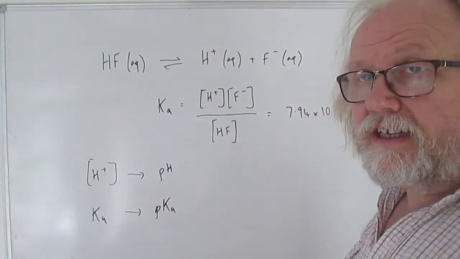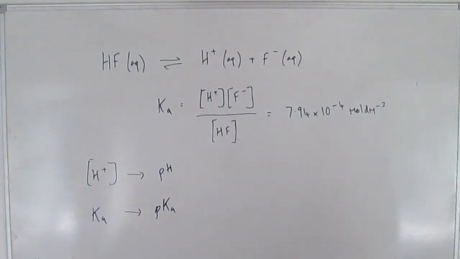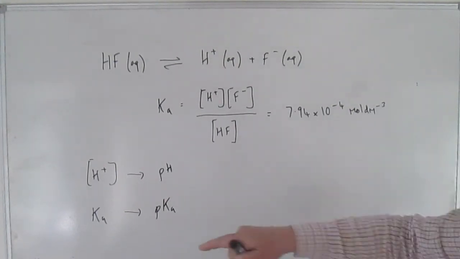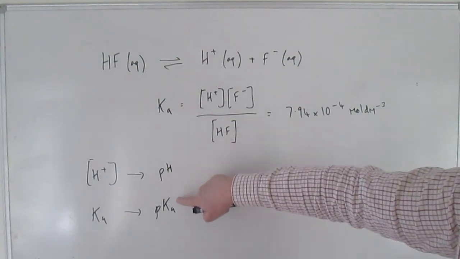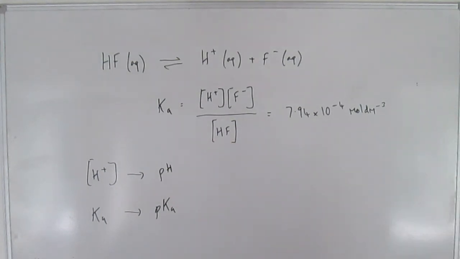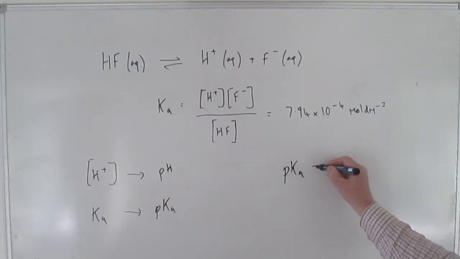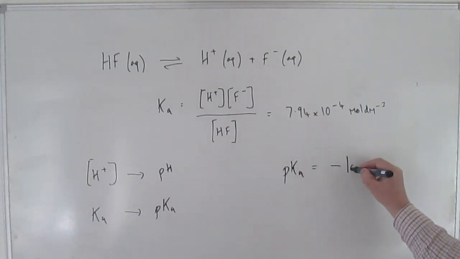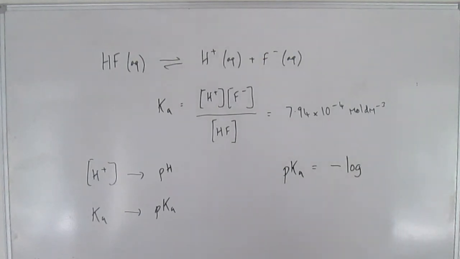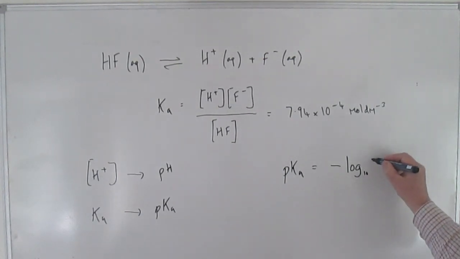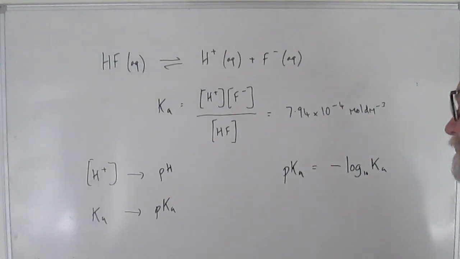And you do it for exactly the same reason, that it then gives you numbers which have a relatively narrow range, so they're just easier to get your head around, but also because this is then directly usable in conjunction with the familiar pH scale. So the definition of pKa is exactly analogous to the pH definition. It's minus log to the base 10 of the Ka.